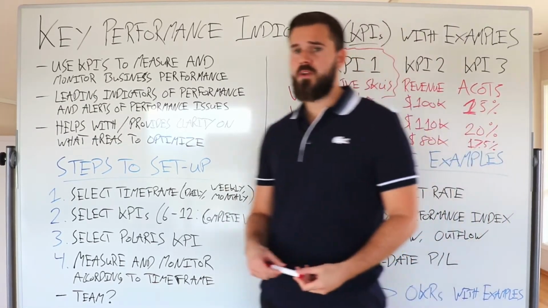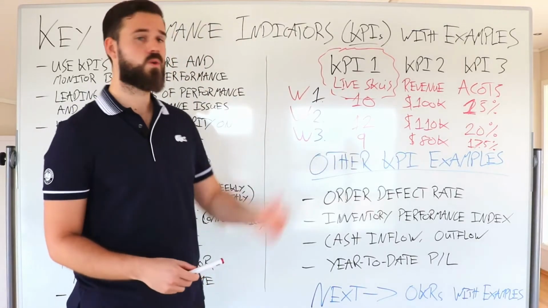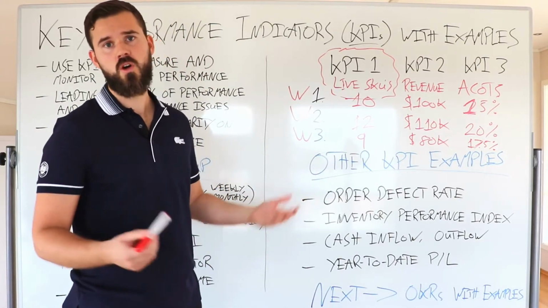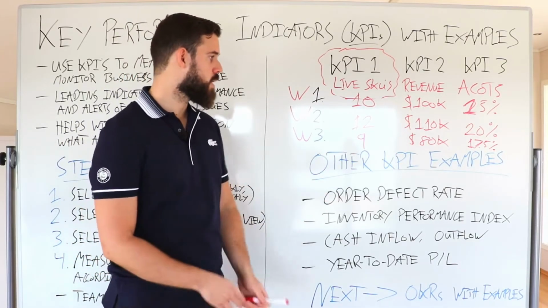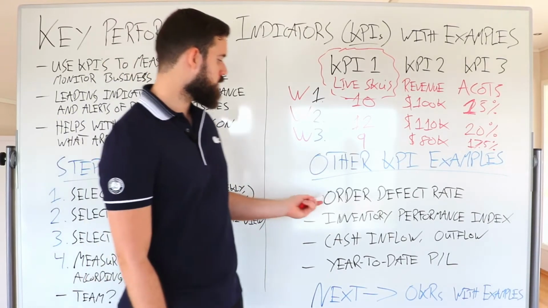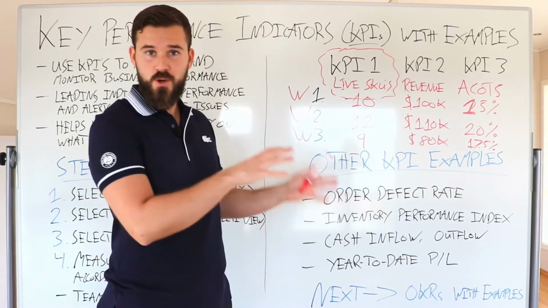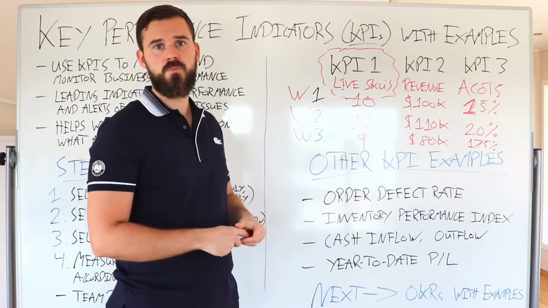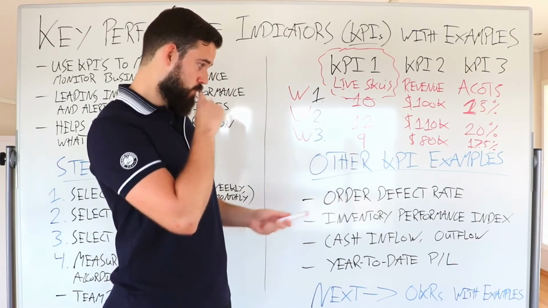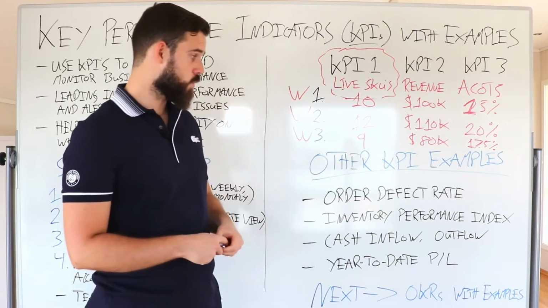So let's cover the final thing here, which is I'm just going to give you some more KPI examples, right? Just talk about it a little bit, just to give you a clearer view. So other KPI examples. Well, you're going to have, as an example, you don't have to have this one. I'm just giving you a random example. Again, this is from a private label e-commerce business: order defect rate. So that's a great one.